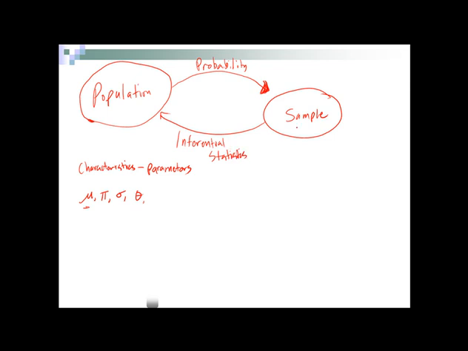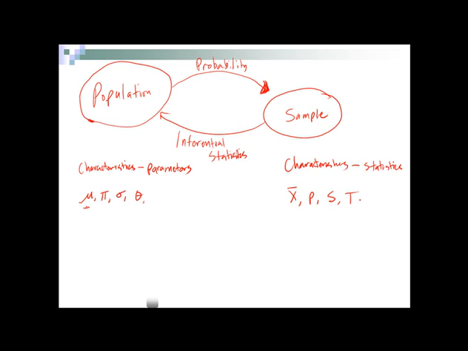So what's going on here is when we take a sample, we get characteristics of the sample, and those are actually called statistics. And these are things like X bar, P, S, T, and so forth. They're not Greek letters, they're Roman letters, but they correspond to the Greek letters.